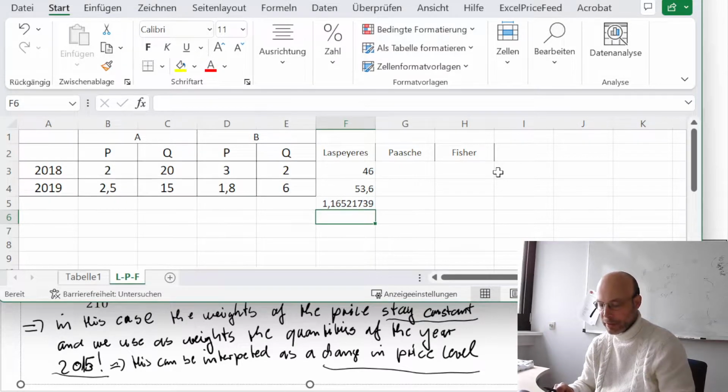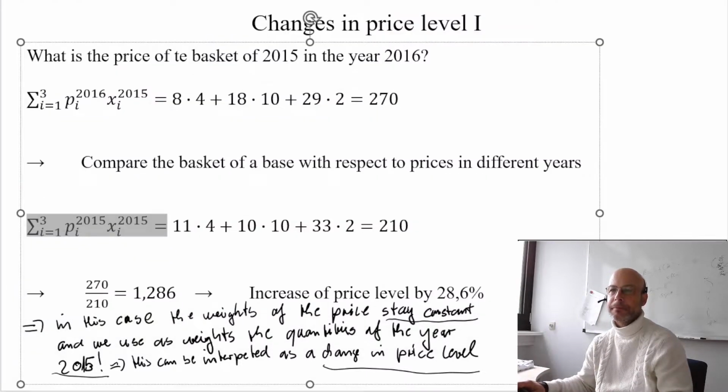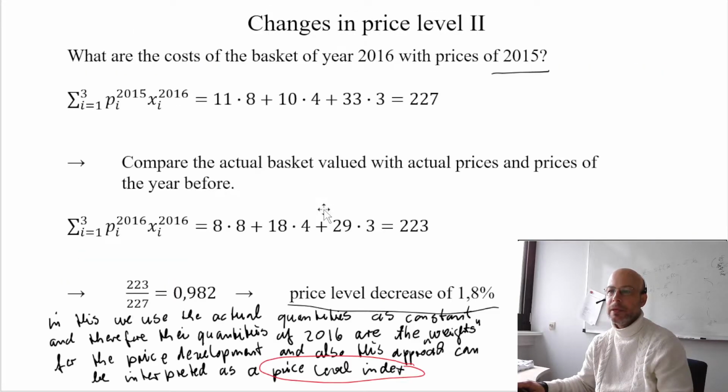So we would have then a partial index of 1.16, last pair index of 1.116, and going to the partial index, we take this the other way around.